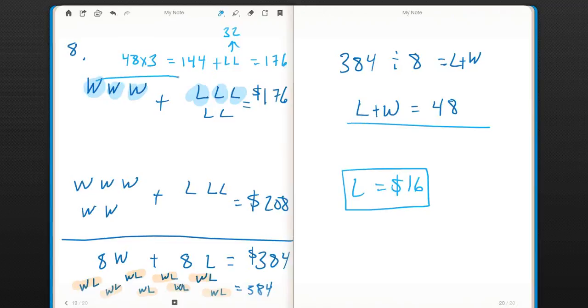So these 3 pairs represent $144 of my spending. And the other $32 that I spent had to have been used to pay for 2 lamps. And if 2 lamps are $32, each of the lamps is $16. Hopefully that's clear.